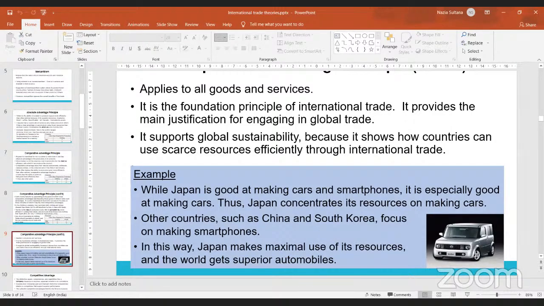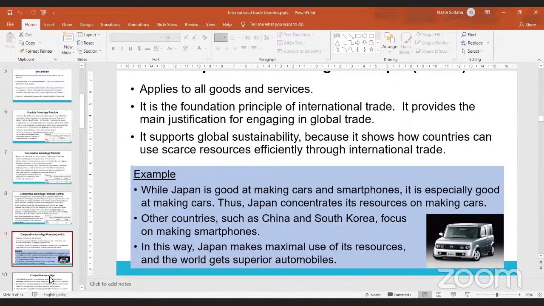So that way countries should think about what resources they have, what capabilities they have, and what cost is incurred in producing a commodity or a service. Let them concentrate on that and let the other country do the other work. Because you are not an expert at everything, you will not have an advantage in producing everything.